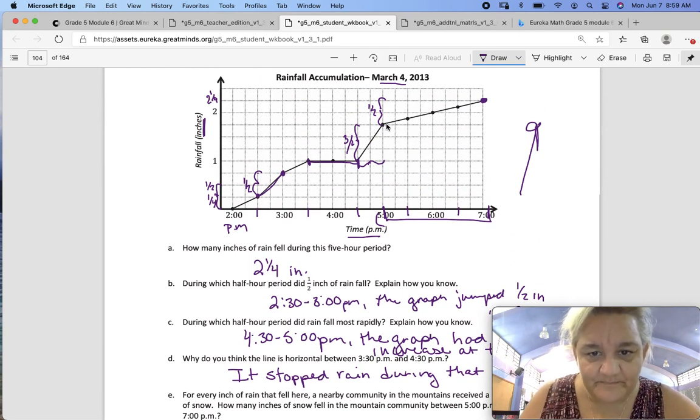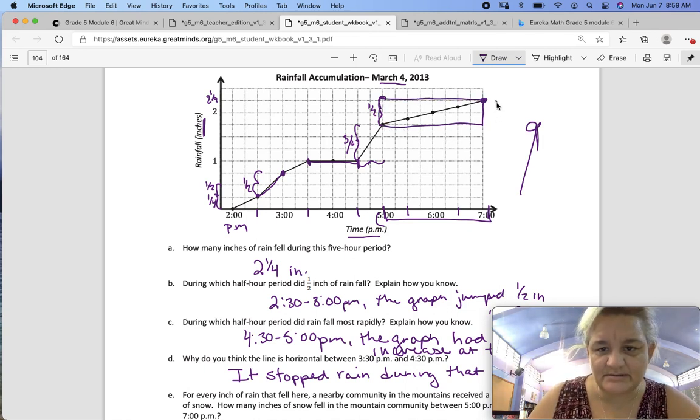So it went up. There is a quarter, there's a half. So we said this whole section, from here to here, is only a 1/2 inch of rain.